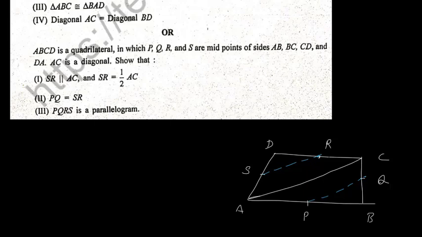So it is very simple. You know the midpoint theorem: in a triangle, if I join the midpoints of two sides, then the segment joined is parallel to the third side and it is half of it. So I will use that theorem and prove this.